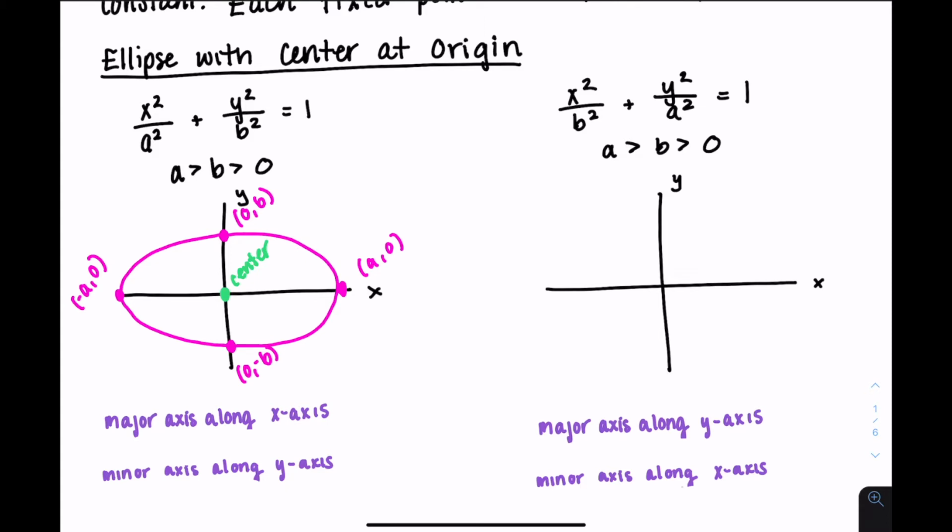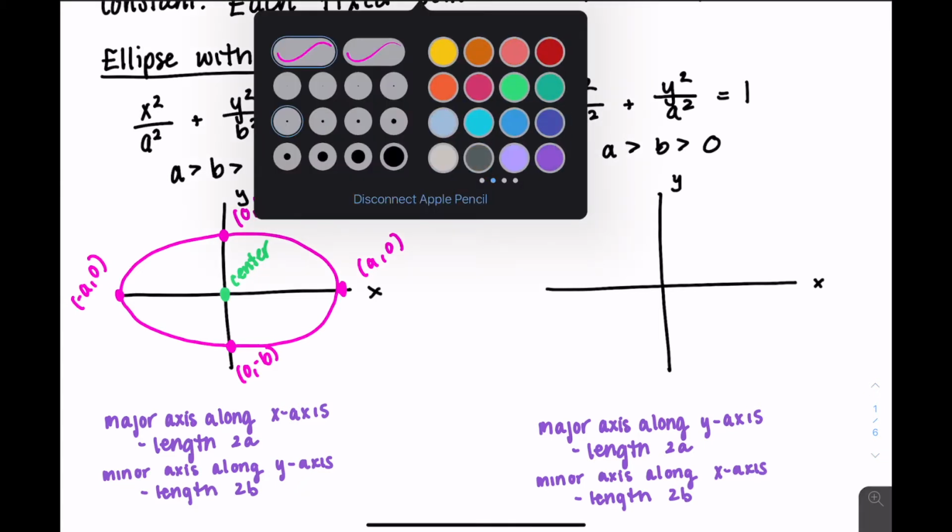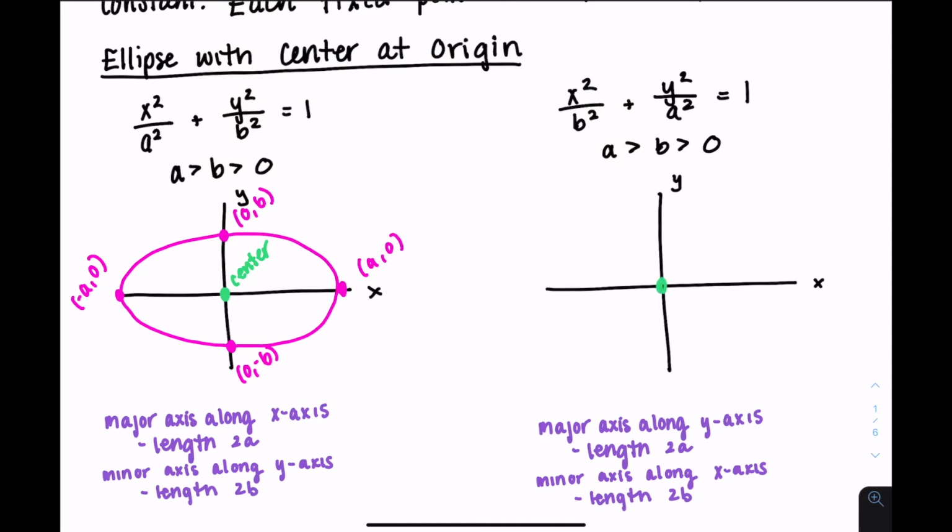So the major axis is going to be connecting the two vertices. The length of that is going to be 2a. The minor axis is connecting the less significant points, and the length of that is going to be 2b. Same thing in this case. Your lengths are 2a and 2b. So in the case that y is larger, you still have your center here.